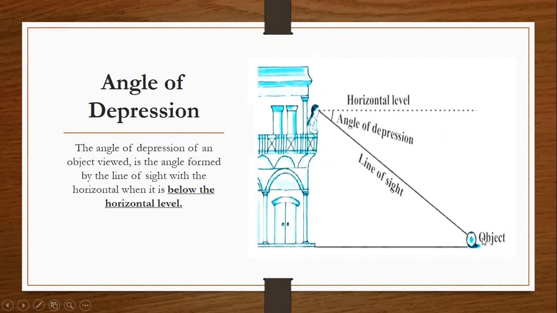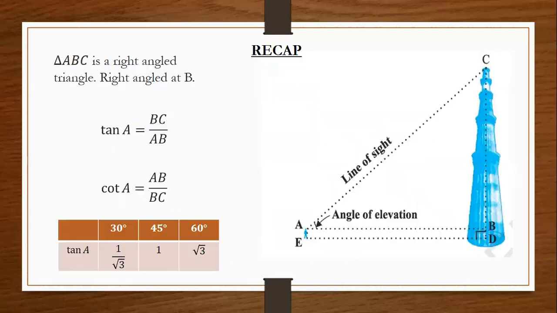The straight line is the line of sight, and how much we are bending from the horizontal level is called the angle of depression. And how much we are looking up from the horizontal level is the angle of elevation. Only these many terminologies you need to know for finding the heights and distances.